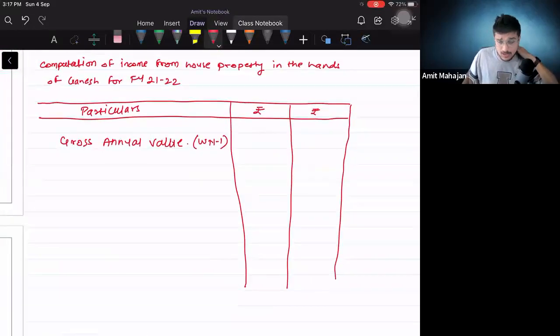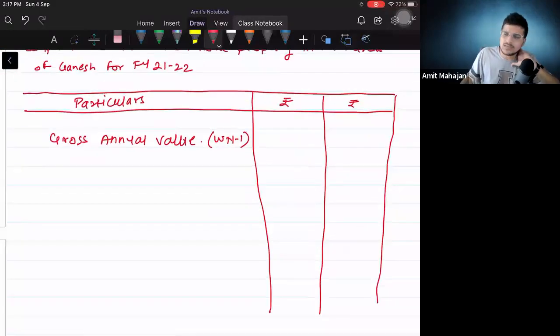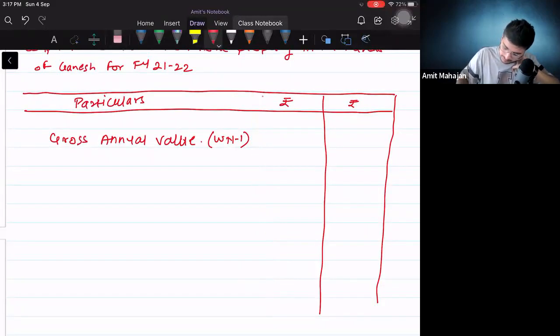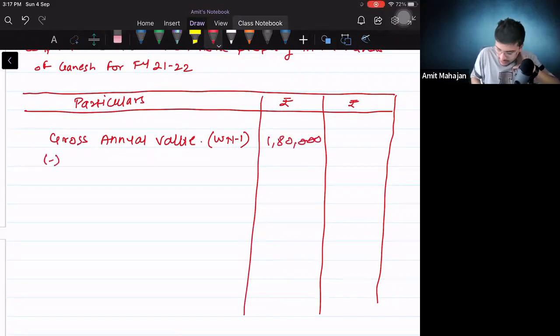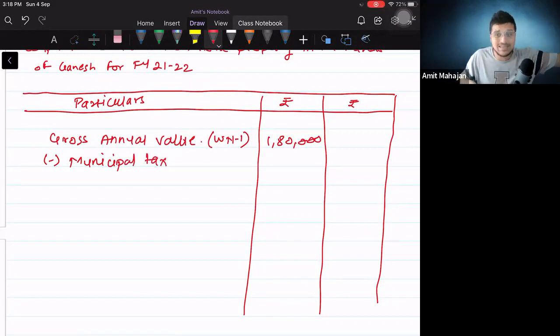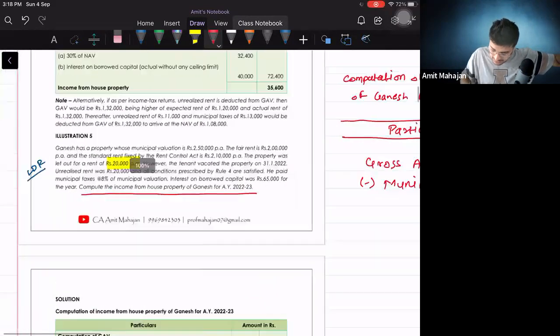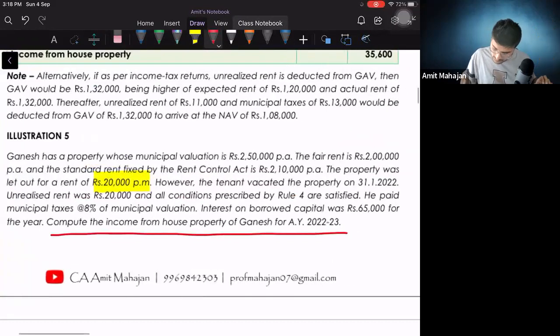Okay, should I write it in the inner column or outer column? Where should I write? Inner column लिखते हैं because municipal taxes minus करने वाला है. So we'll write it in the inner column. Perfect. Now I will reduce municipal tax. अभी you will just search for municipal tax, nothing else. सिर्फ municipal tax ढूंढ के कितना है? See, he paid municipal taxes of 8% of municipal valuation. Now, what is municipal valuation? 2,50,000 is my municipal valuation.